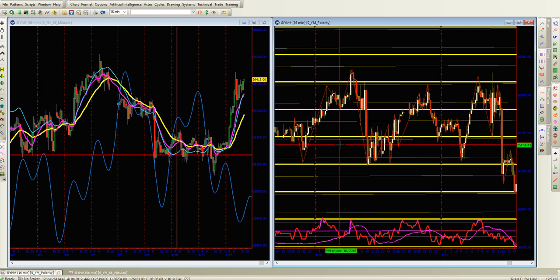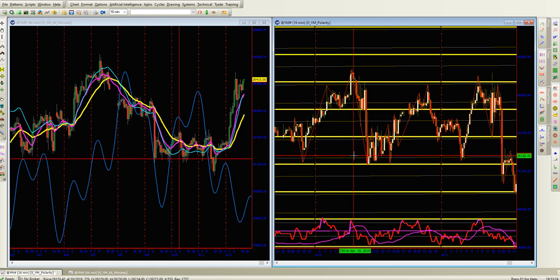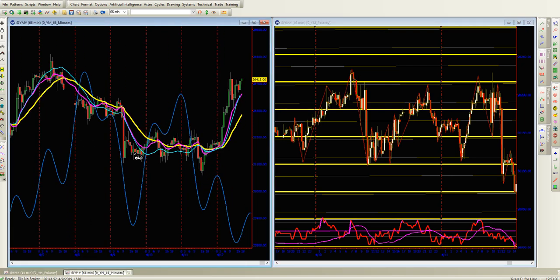So on 4/10, which direction do you want to trade? That is dictated by these three wave lines, your blue and purple lines, the three lines.